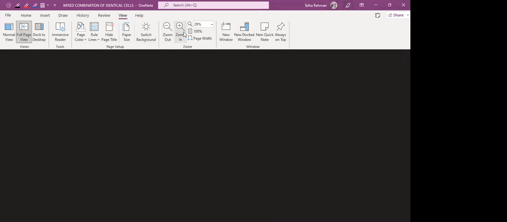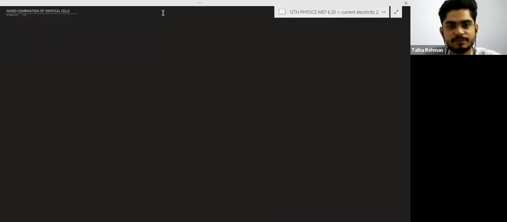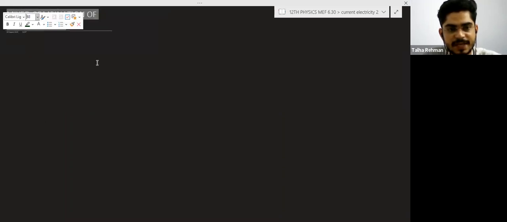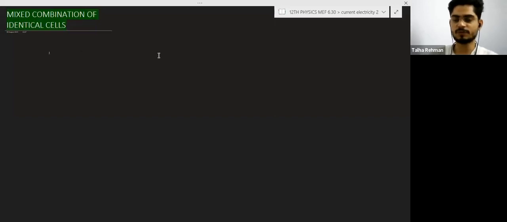Now we will have the mixed combination of cells. Mixed combination of cells means in this case cells will be connected in series as well as in parallel. This topic is very easy. We already know the series combination of cells and the parallel combination of cells. But in this case, the circuit will be like this. The cells will be connected in series as well as in parallel.